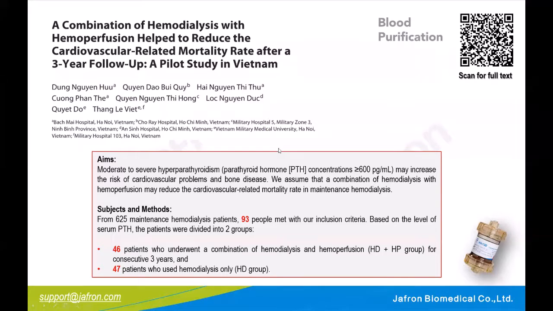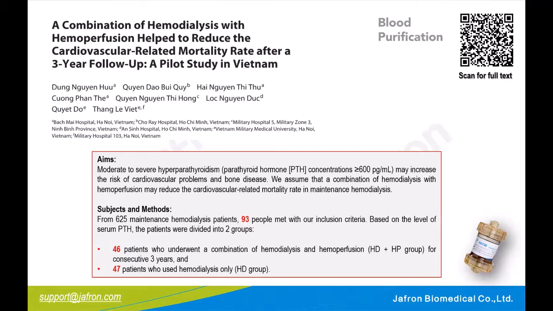So we can see that the doctors believe that high PTH is a risk factor for cardiovascular problems or bone disease, and they think that it is related to cardiovascular related mortality.